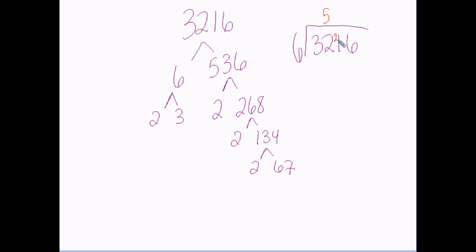So 6 goes into 21 3 times, which is 18, and 21 minus 18 is 3. So I put that right there, and I get 36. And 6 goes into 36 6 times. Now I get it because I can actually see the numbers.